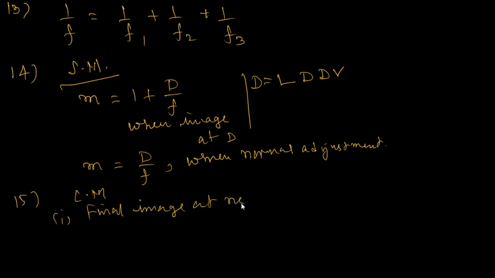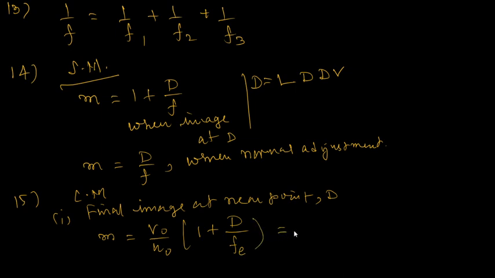Near point is nothing but the least distance of distinct vision, that is given by D. Therefore, M is equal to v0 by u0 into 1 plus D, the near point, divided by the focal length of the eyepiece fe, close the bracket, that is also equal to L divided by f0 into 1 plus D divided by fe.